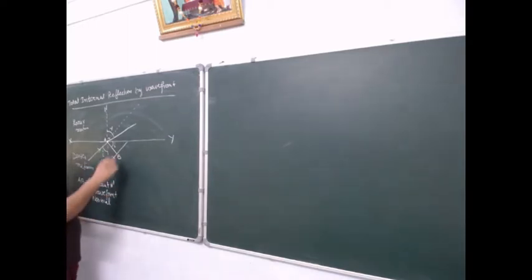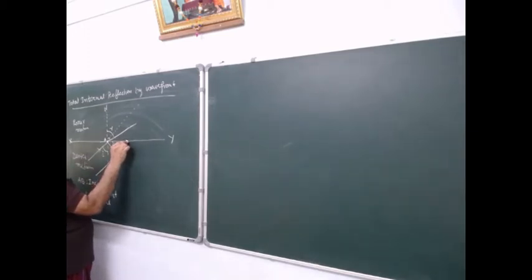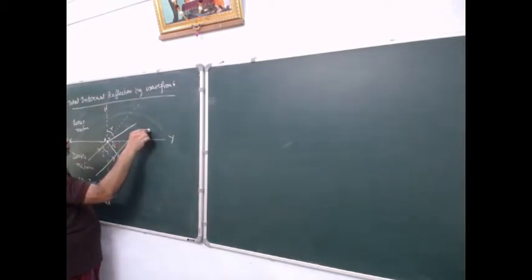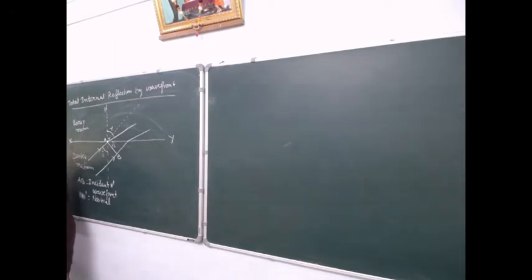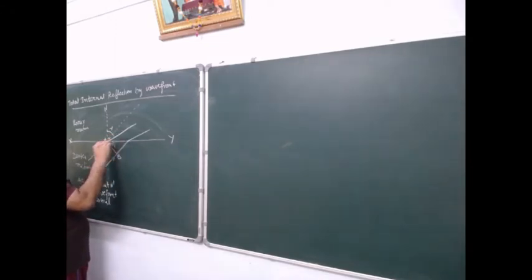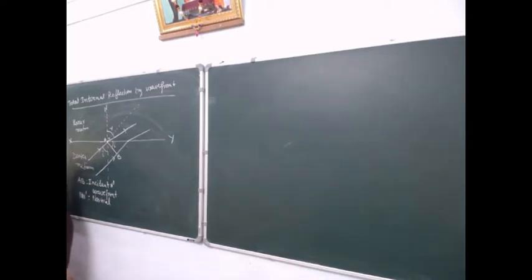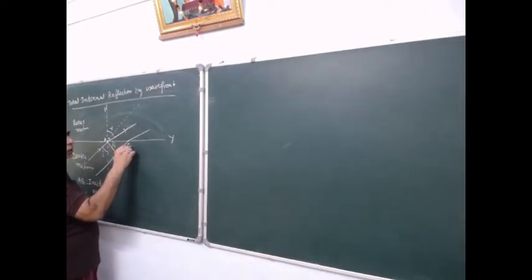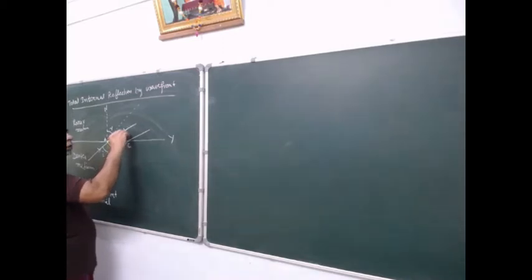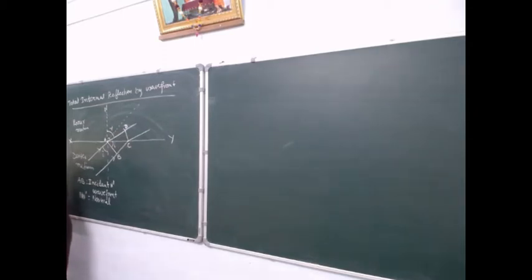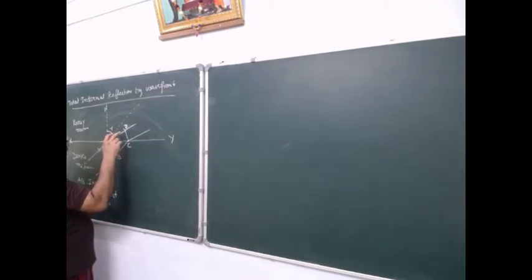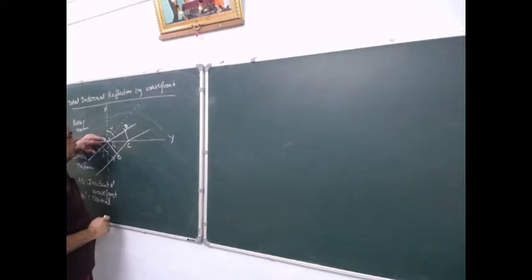And what about this? This will be parallel, and they get refracted like this. By the time A reaches D, that is the first refracted ray, and this is C, and we can call this CD. This is the secondary wavelet started from the refraction point.